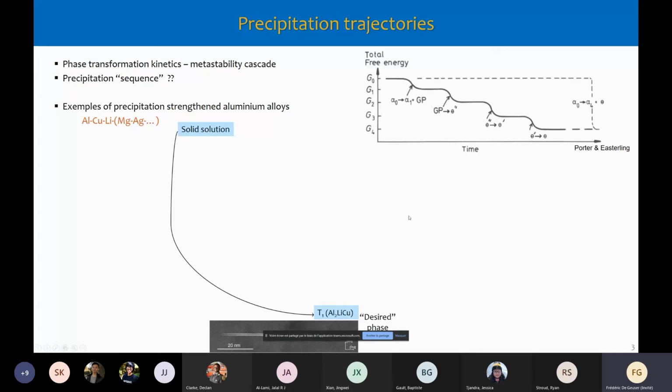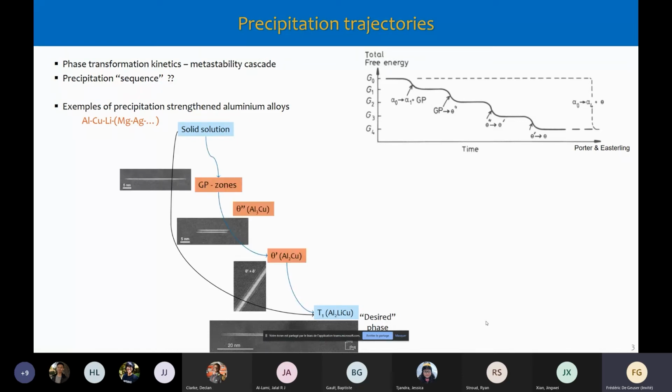In this alloy, what we want is to go from a solid solution to this T1 phase, the so-called desired phase, the one that has the most desired mechanical properties. But the system will actually go through different metastable phases on the way to this T1 phase, and they will also affect the mechanical properties.